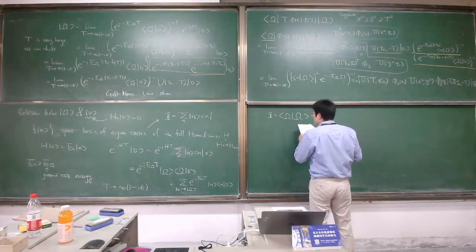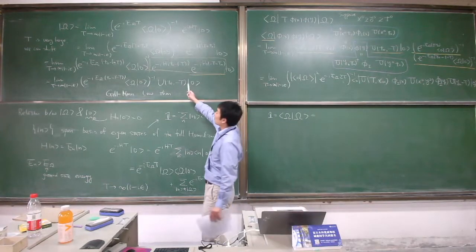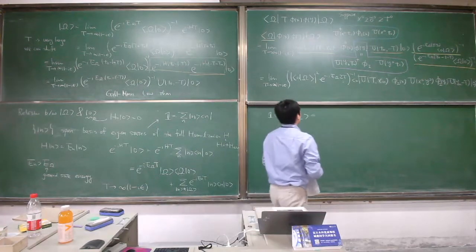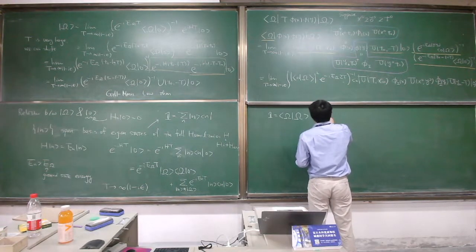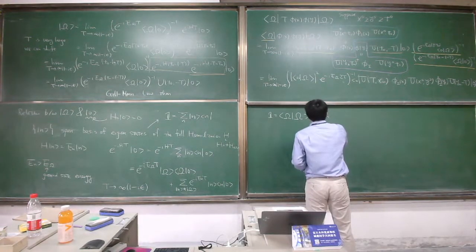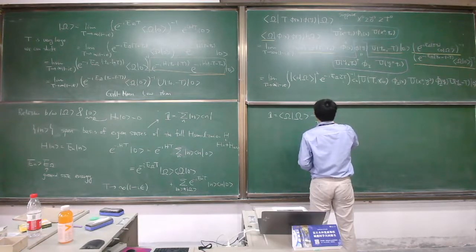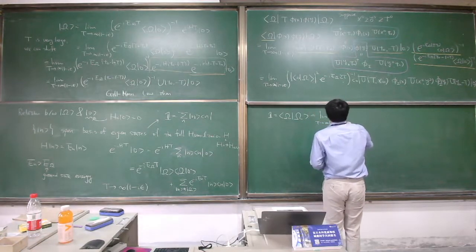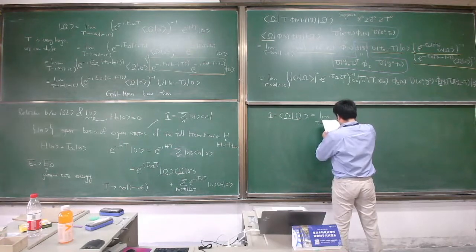Then the true vacuum is just the combination of this side and the Hermitian conjugate, which means the limit T goes to infinity (1 minus i epsilon) of 0.